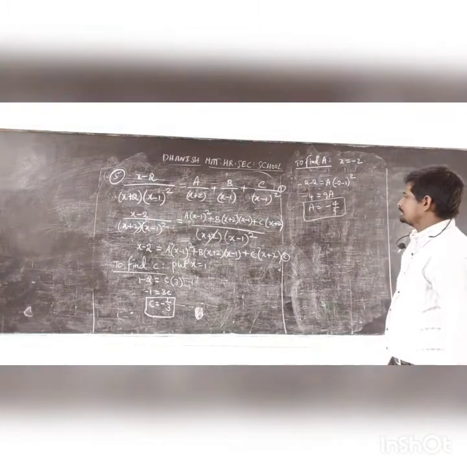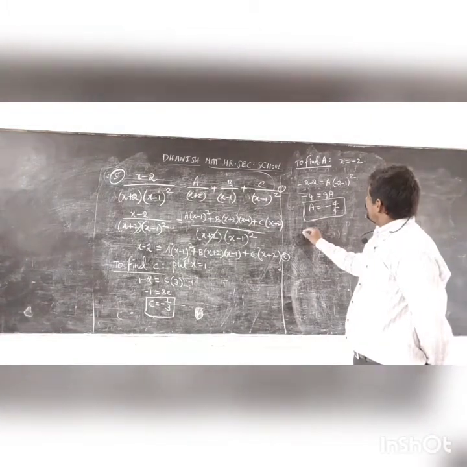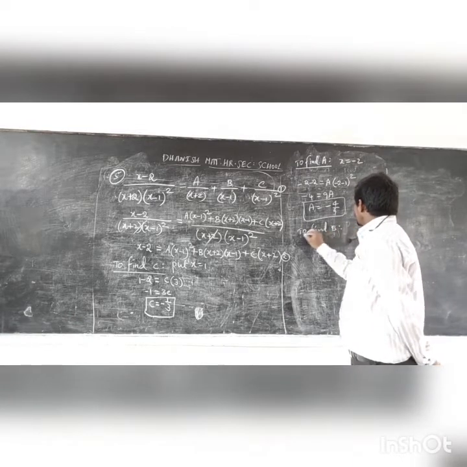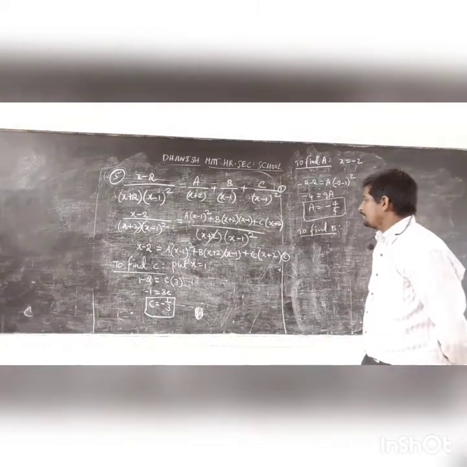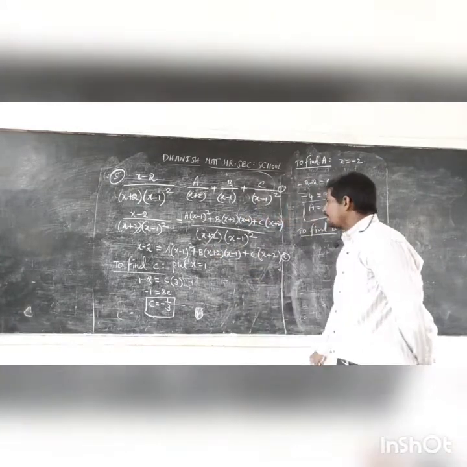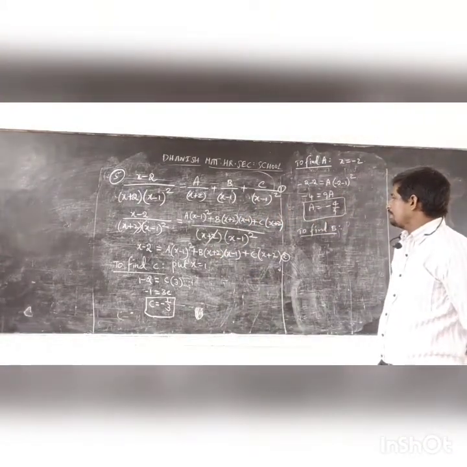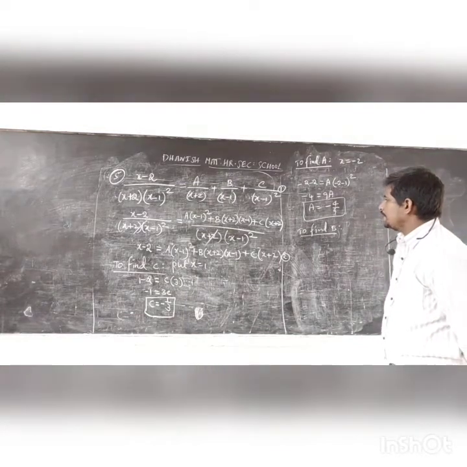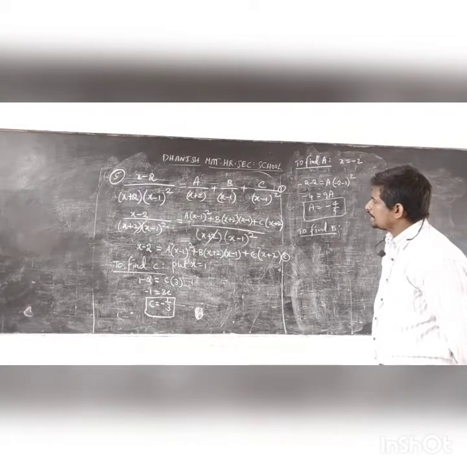Then we want to find b. If you want to find b, a and c should become 0. If you want to make a and c terms 0, there should be a common factor.